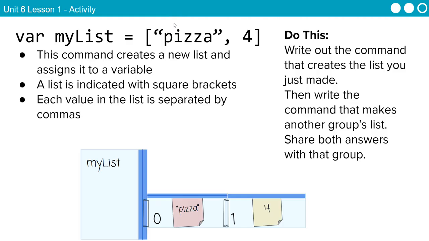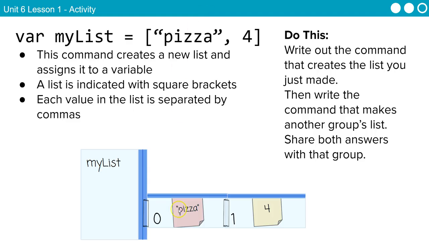When you want to create a list, you have to put square brackets around your entire list. So I'm going to start with the opening square bracket, and then create a comma-separated list of all the values that I want inside of it.